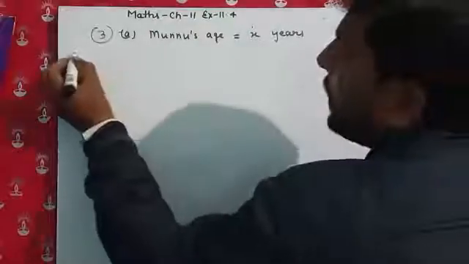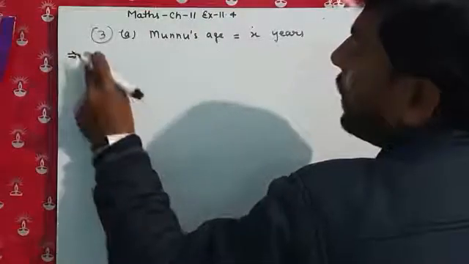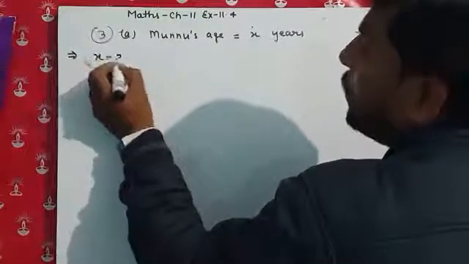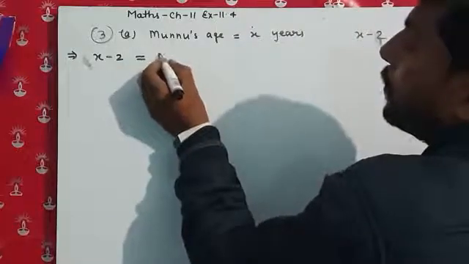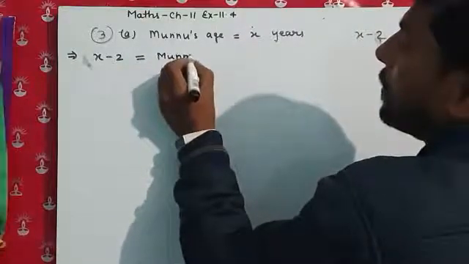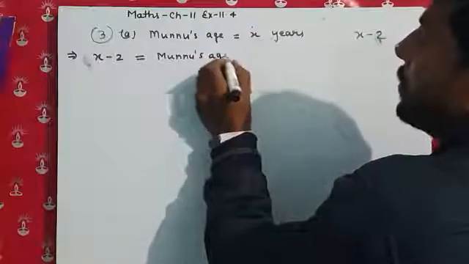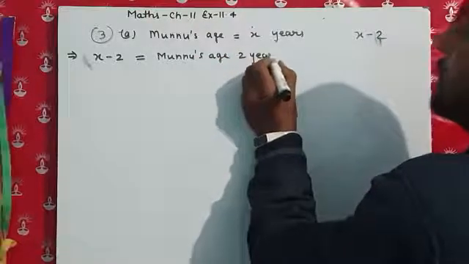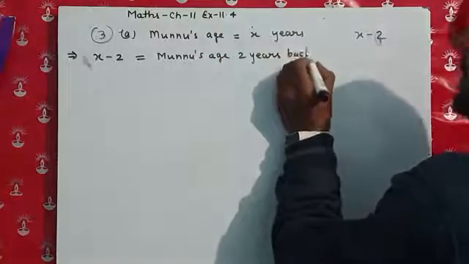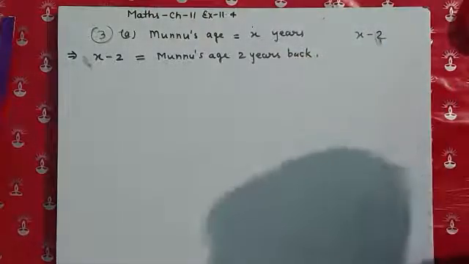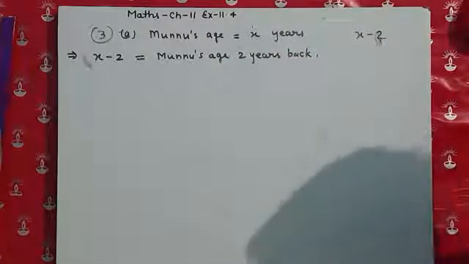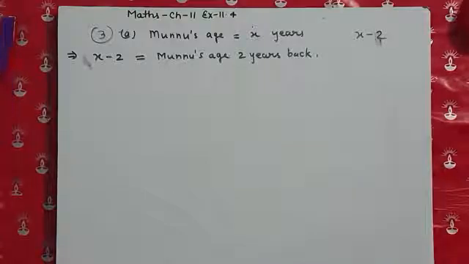So simply we can write: x minus 2 means Munnu's age 2 years back. X minus 2 represents Munnu's age 2 years back.